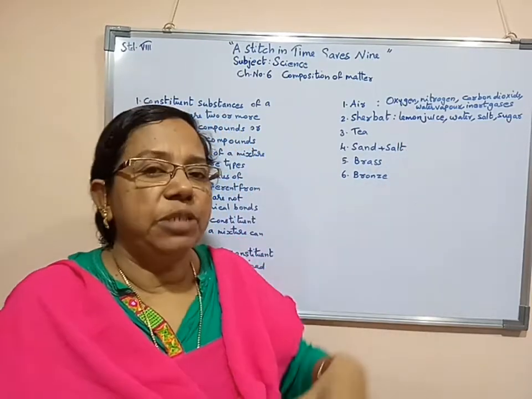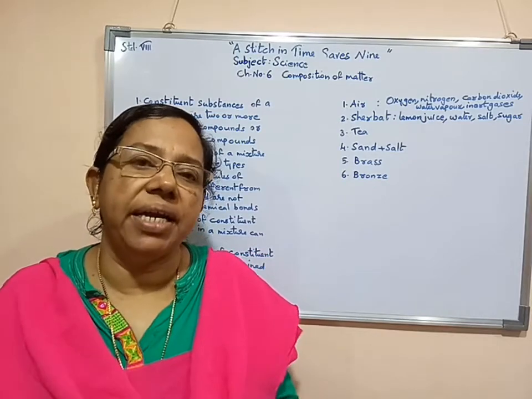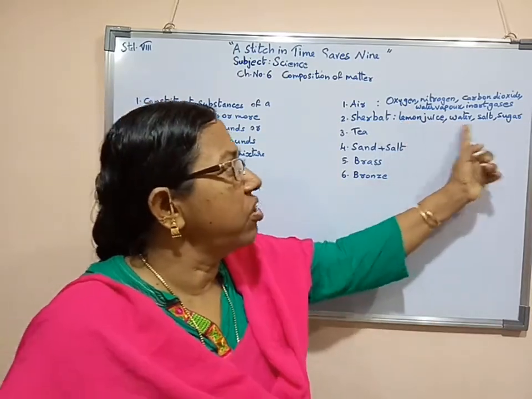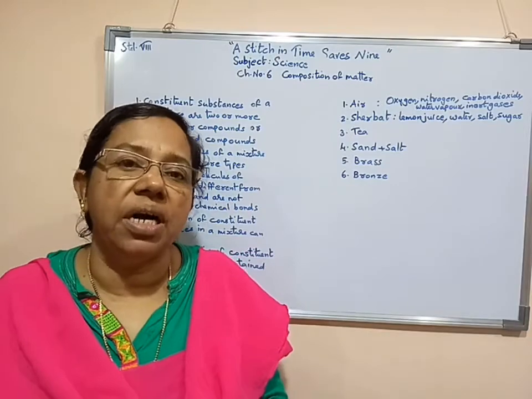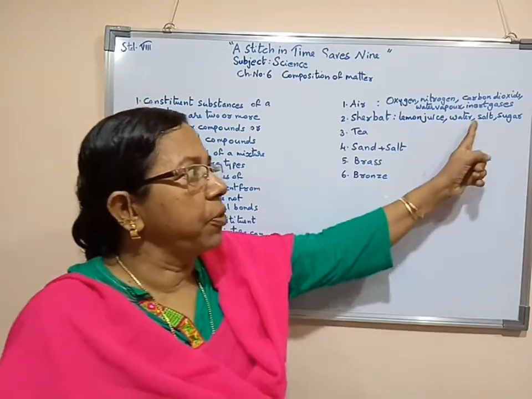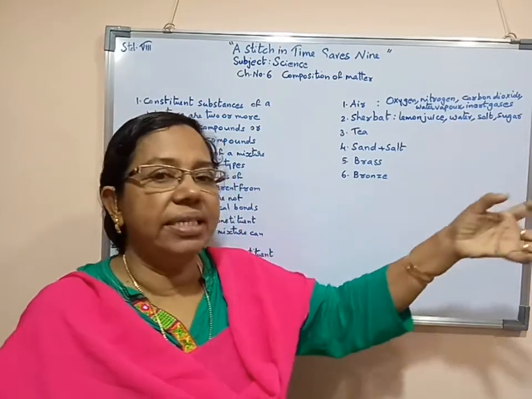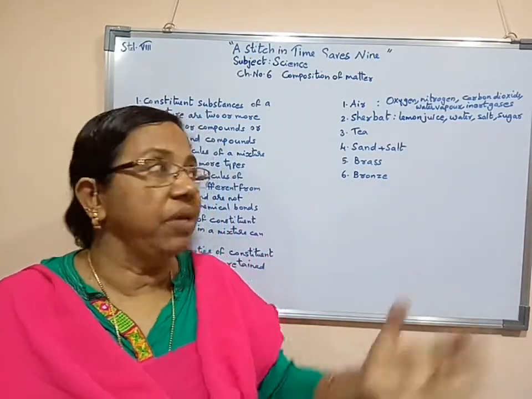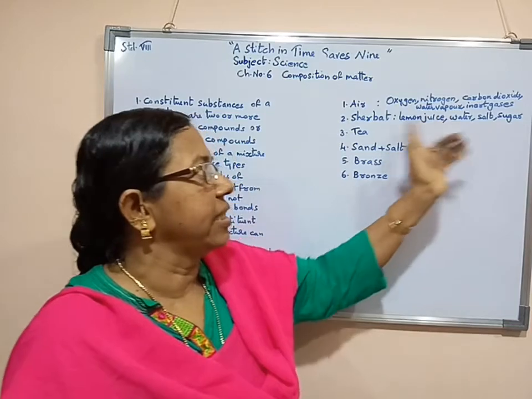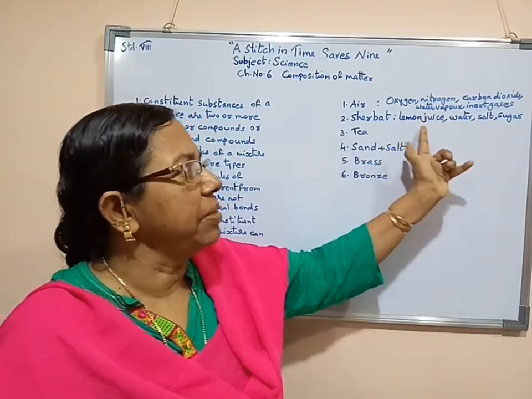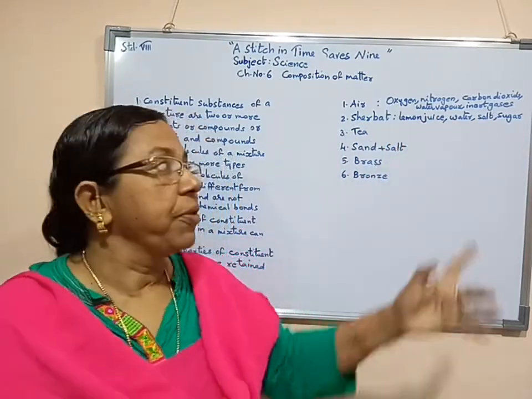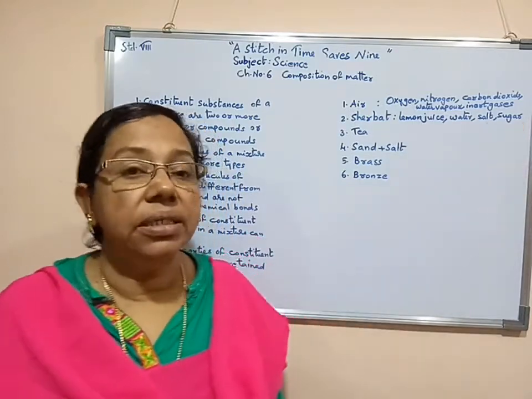As per our requirement, we people are adding these constituents for drinking. Salt we are putting less, sugar we are putting more, or salt a little more, sugar a little less. Like that, as per our requirement we can add and make this mixture. So sharbat is a mixture of lemon juice, water, salt as well as sugar.